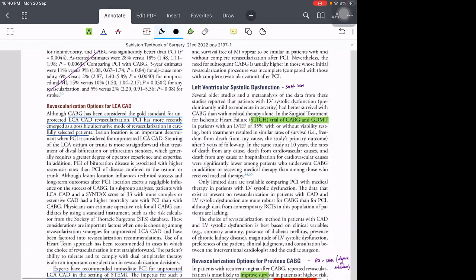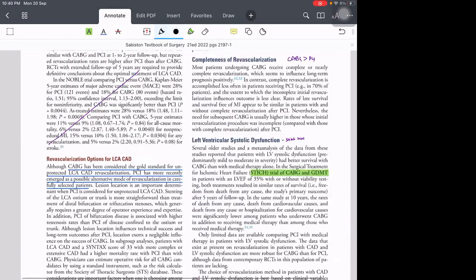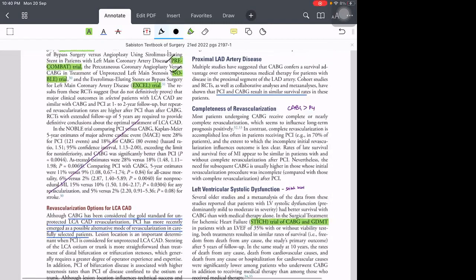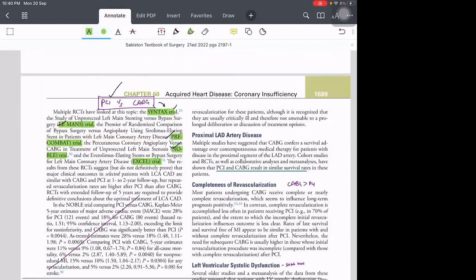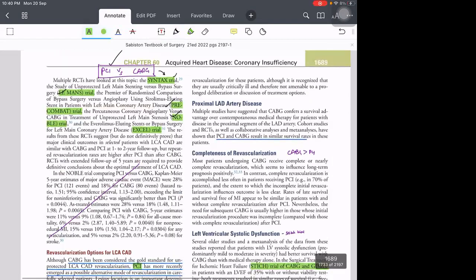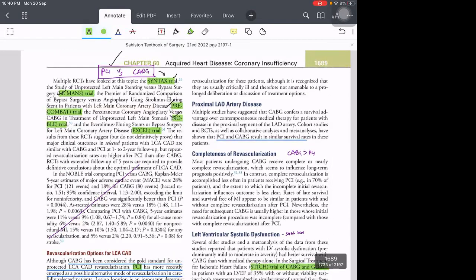They can ask what are the revascularization options for LCA-CAD, and you can go for PCI. It's good, actually, they're telling. But in case of proximal LAD disease, PCI and CABG both are equal.